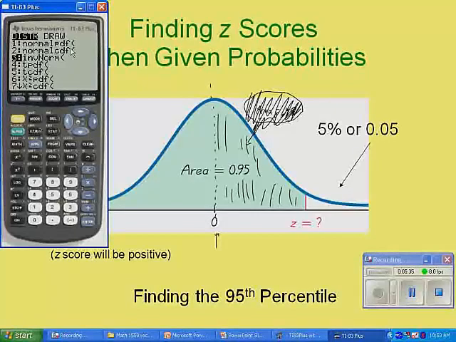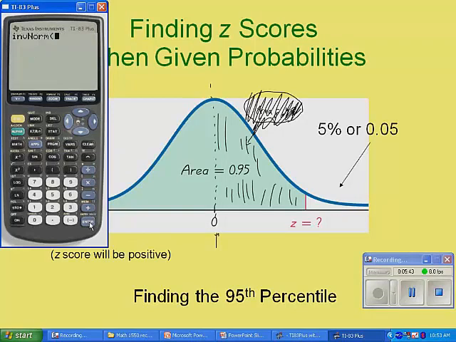Number 2, normal CDF, goes from a z-score to the probability. You do this if you have a probability. So if I press inverse norm and type in my 0.95, it'll give me the z-score. There it is. So the z-score is 1.645.